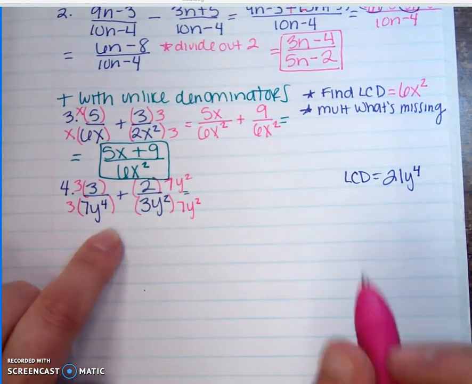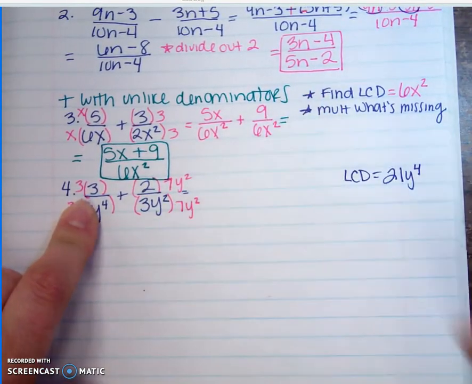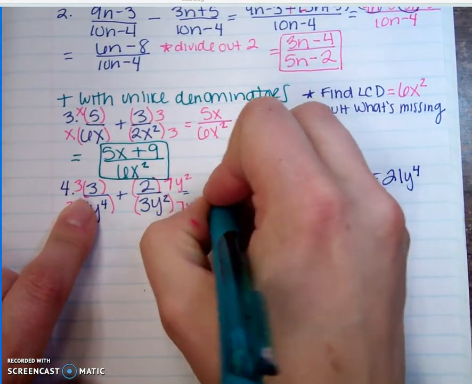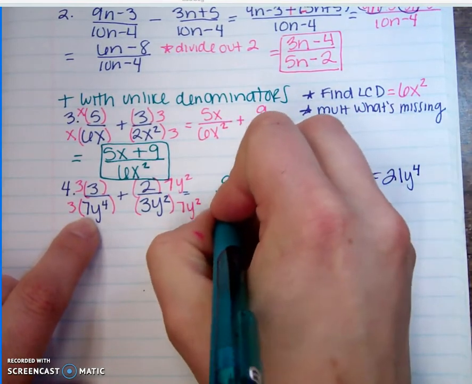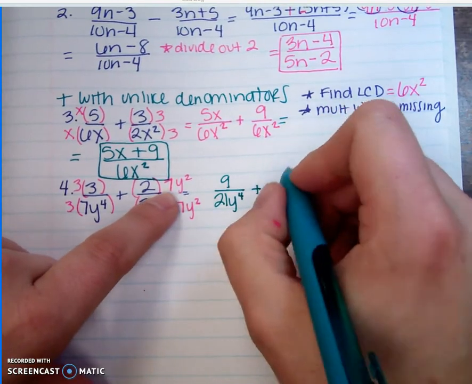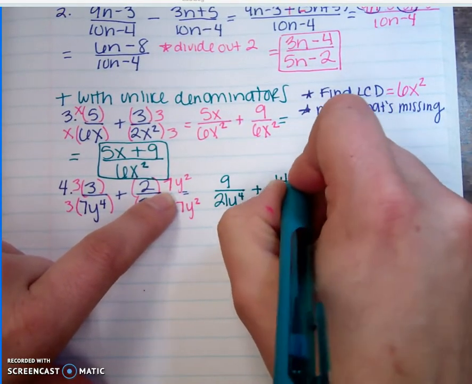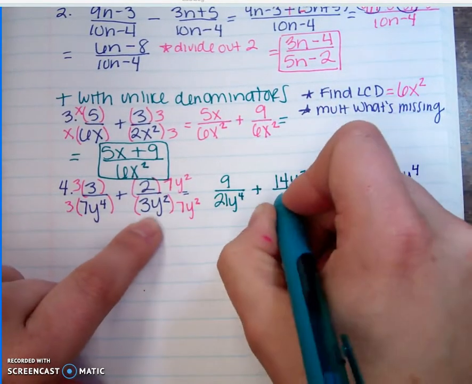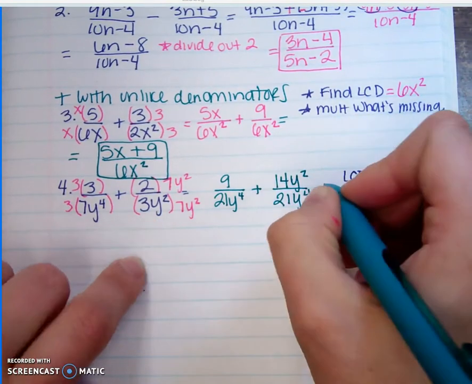Okay, and then let's rewrite it. 3 times 3 is 9 over 21y to the 4th plus 2 times 7 is 14y squared over 21y to the 4th.